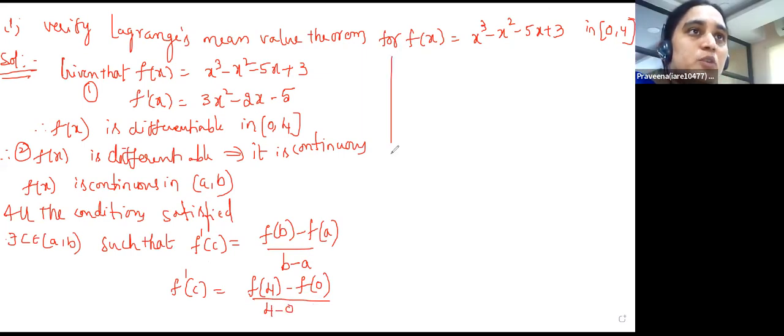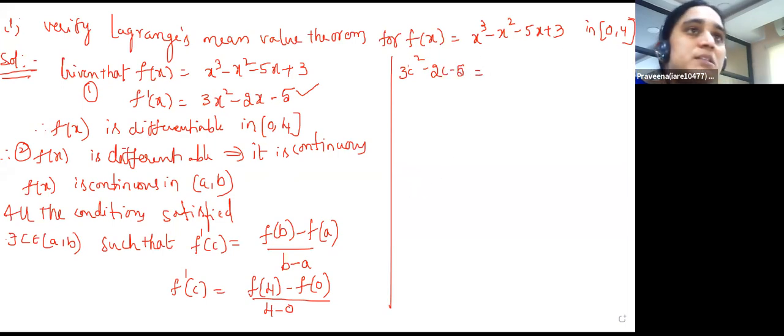And f dash of c is the differentiation of the function with x replaced by c, that is 3c square minus 2c minus 5.